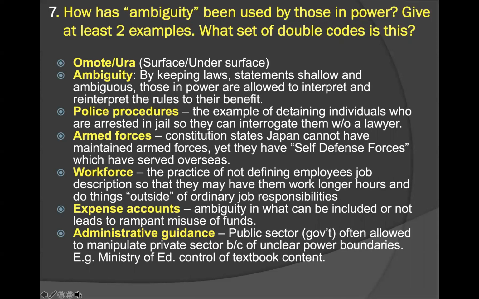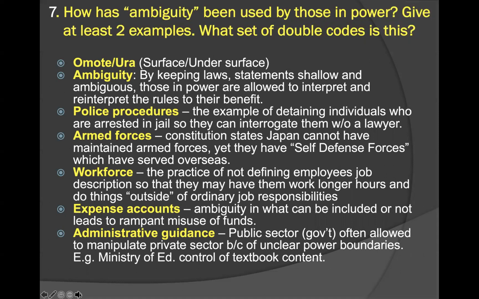But how has ambiguity been used by those in power? So this is one of those faces of authority Sugimoto talks about. When you're talking about the use of ambiguity, this is the double codes of omote and ura. Remember that omote and ura essentially mean front and behind.